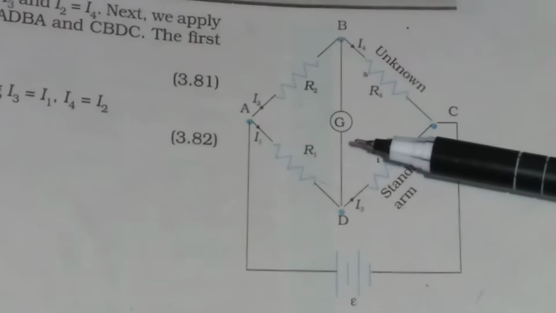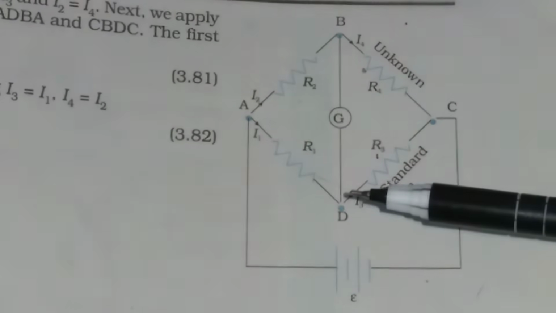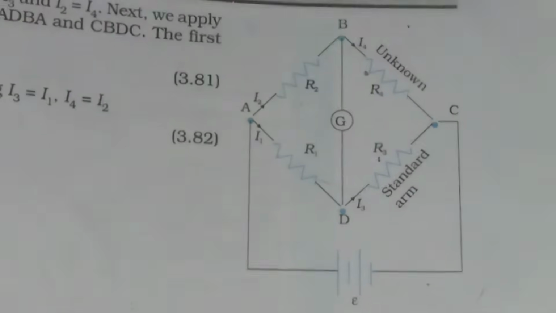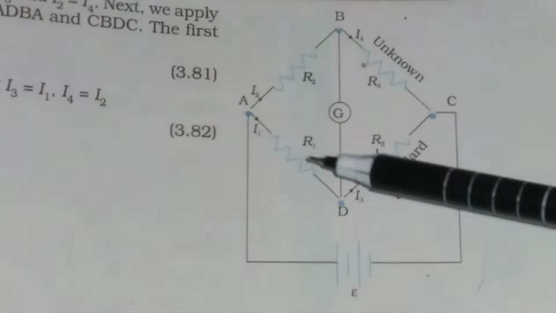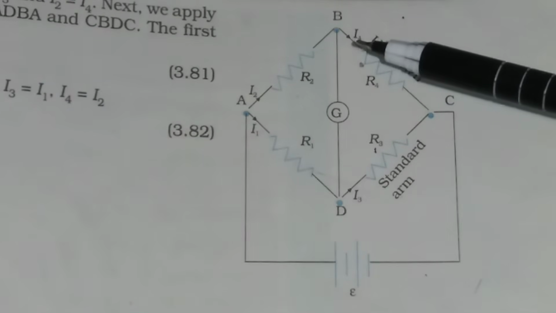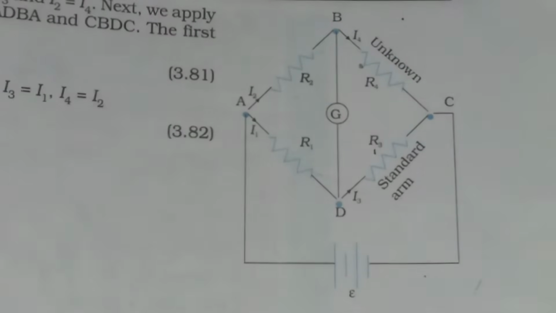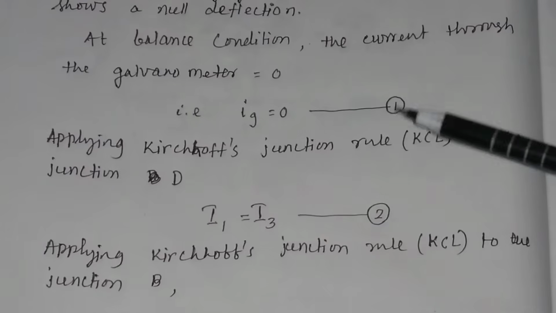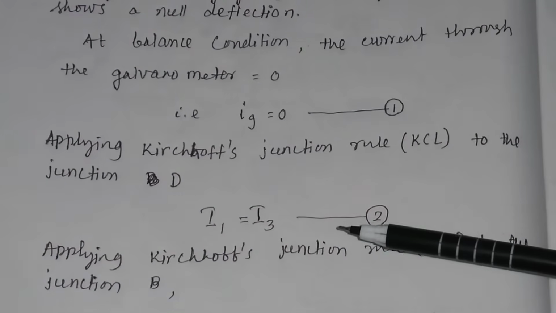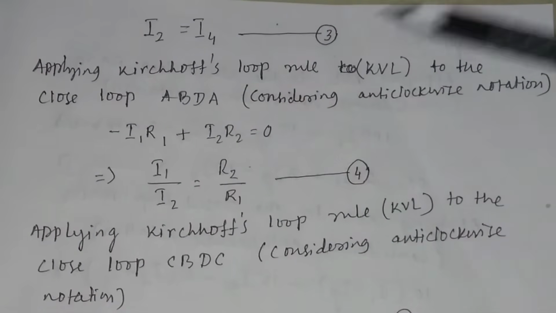Applying Kirchhoff's junction rule or KCL to the junction D and to the junction B, at the junction D I1 will be equal to I3, and at the junction B I2 will be equal to I4. So at balance condition we have three equations: Ig equal to 0, I1 equal to I3 and I2 equal to I4.